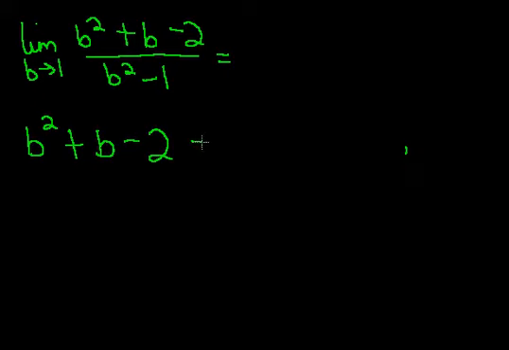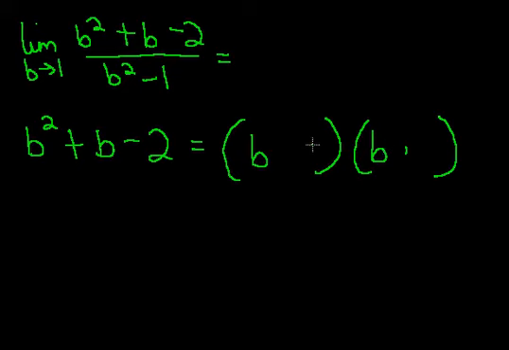And let's factor this. So if you remember from algebra, to factor something that looks like this, first of all, it's b plus or minus something times b plus or minus something, and you need to figure out the two numbers. You need to find two numbers that multiply to this, and they add to the coefficient of this.